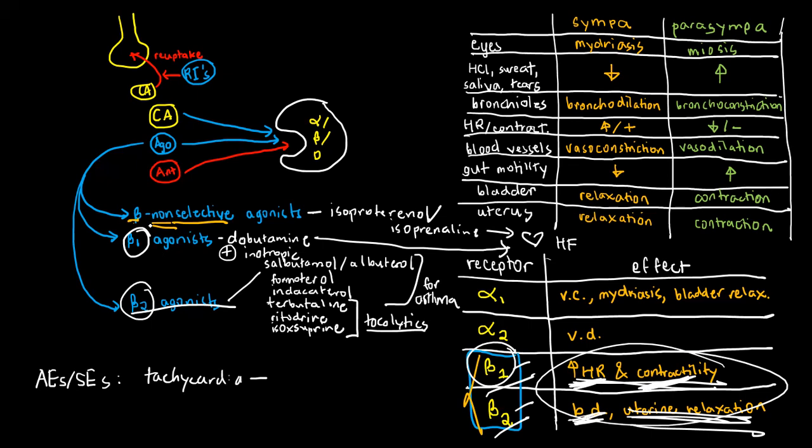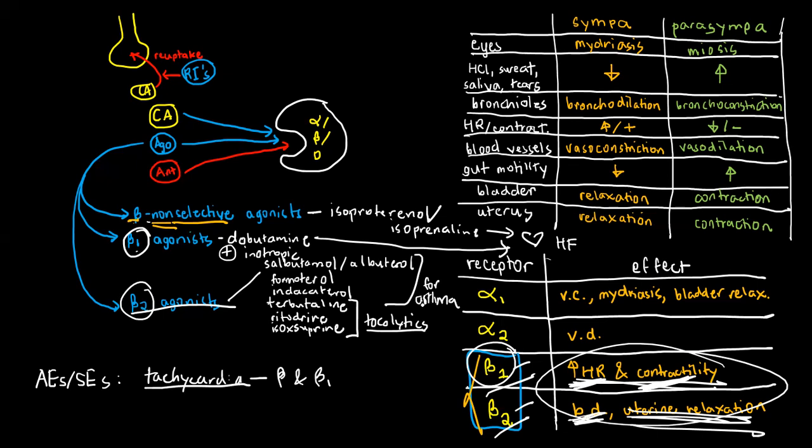So this applies to beta non-selective and beta 1 agonists. Okay. And of course, tachycardia may not be a good feeling because, for example, you're sitting down and then your heartbeat is excessively fast, but you're not doing exercise. It may prove to be irritating at the least and tiring at most.